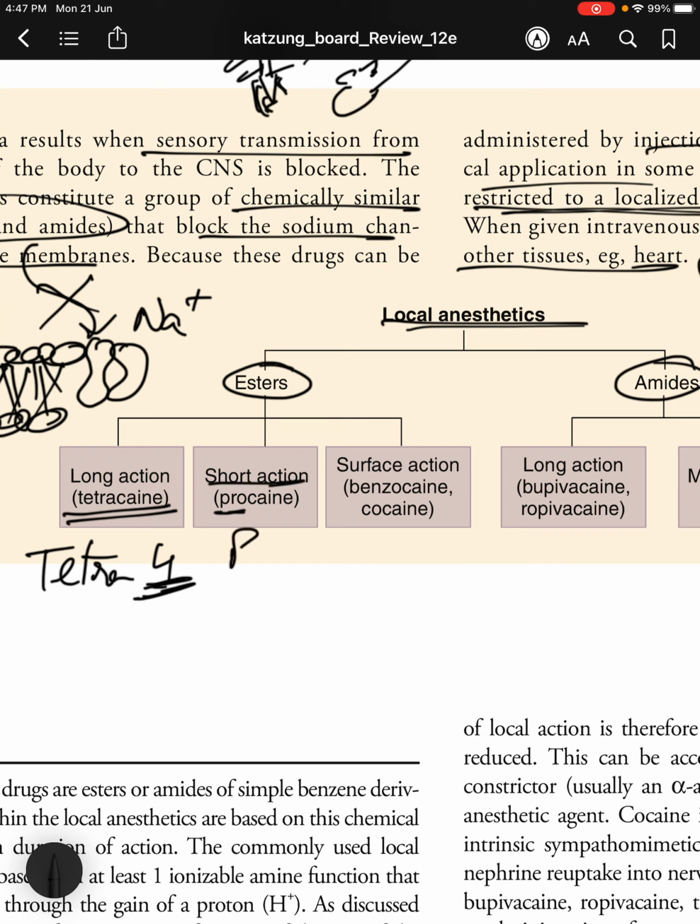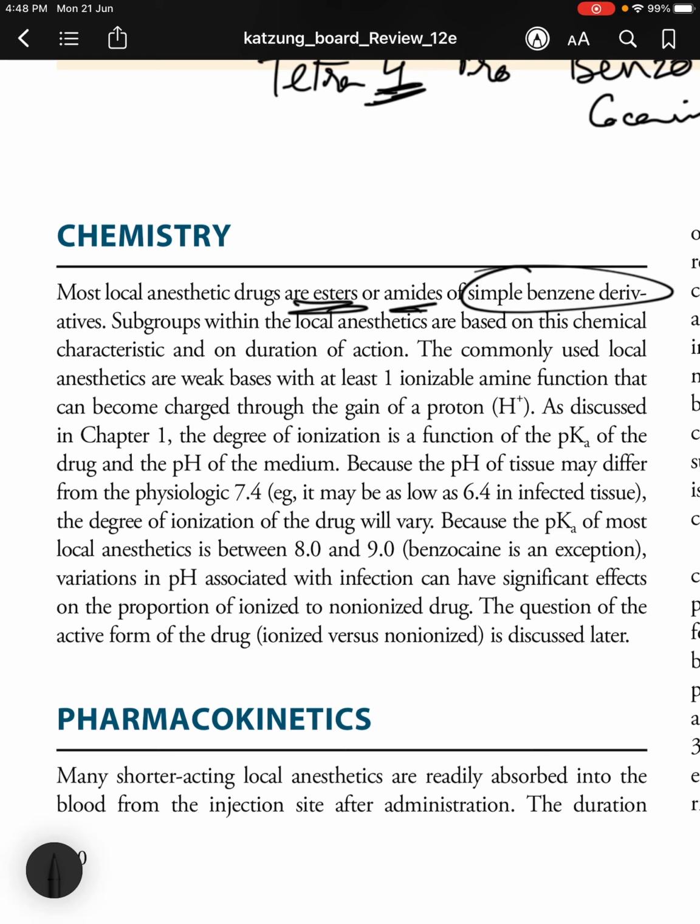Coming to the chemistry, most local anesthetic drugs are esters or amides of simple benzene derivatives. Subgroups within the local anesthetics are based on this chemical characteristic and on duration of action. The commonly used local anesthetics are weak bases with at least one ionizable amine function that can become charged through the gain of a proton.